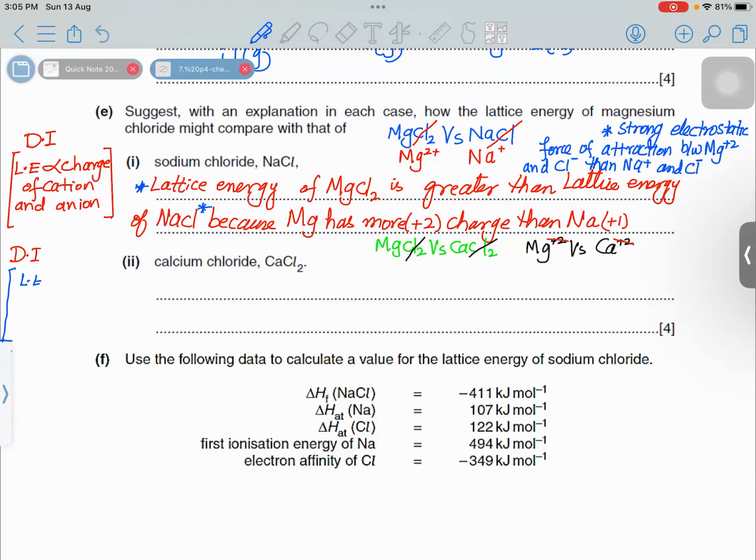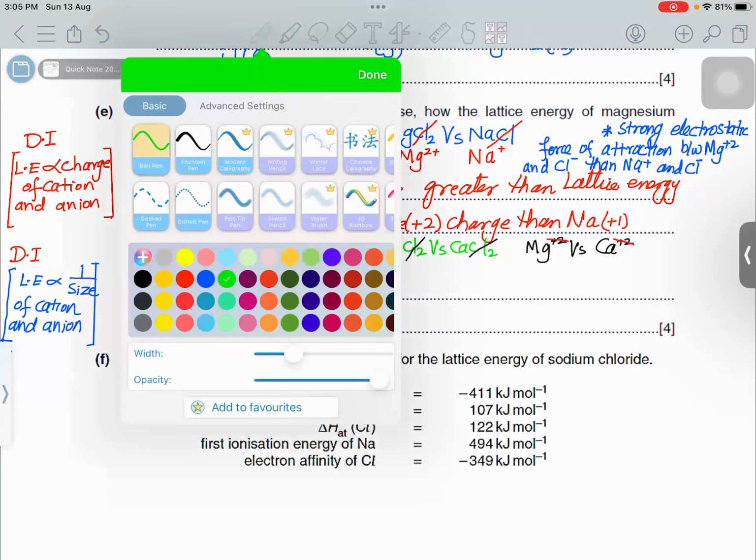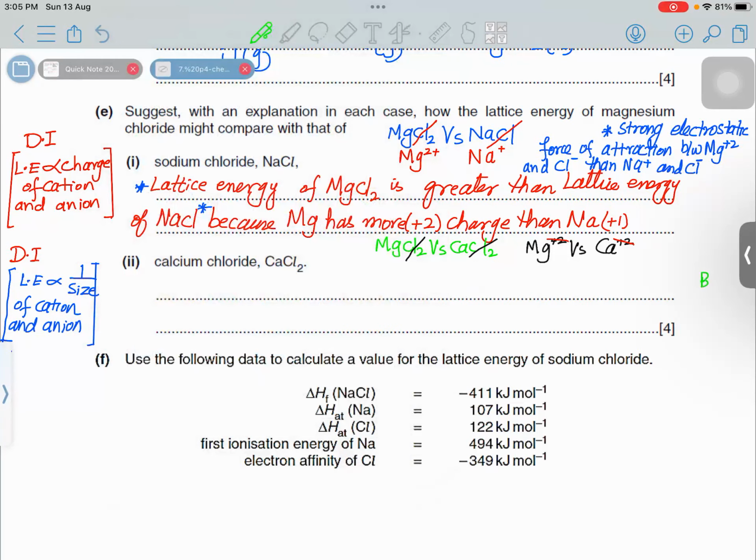Now, Di, another Di. Lattice energy is inversely proportional to size of cation and anion. Now, you have these elements: beryllium, magnesium, calcium, strontium, barium, radium.